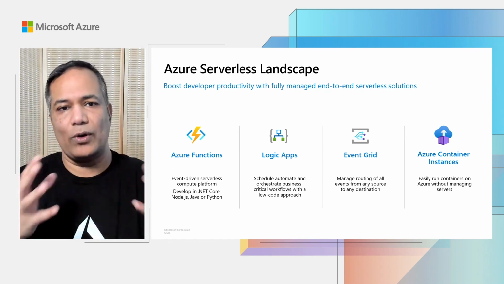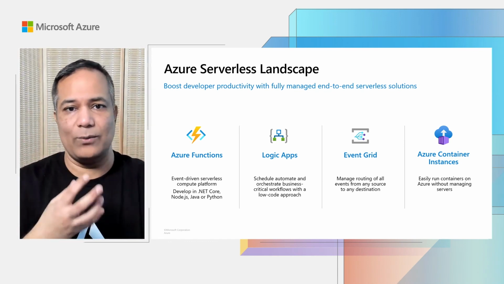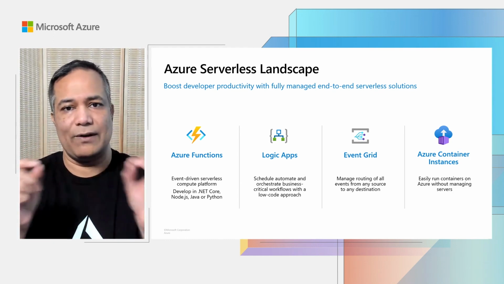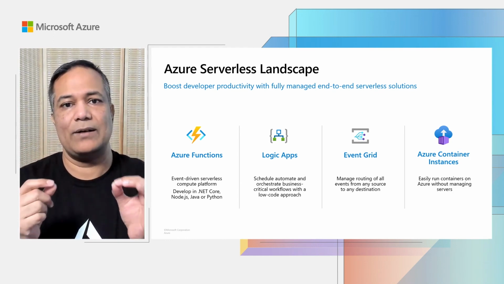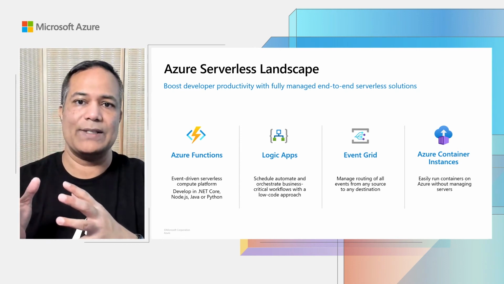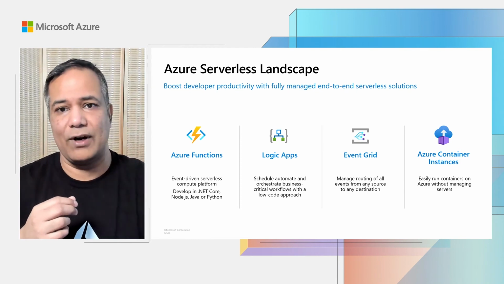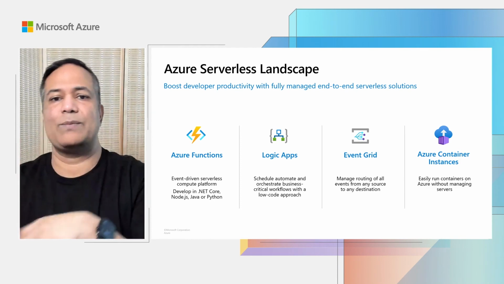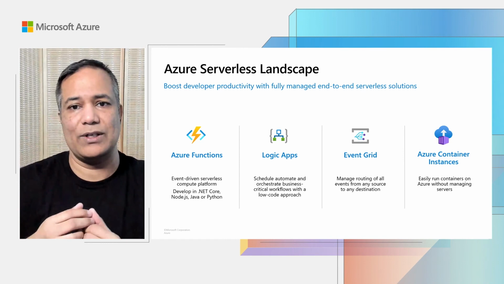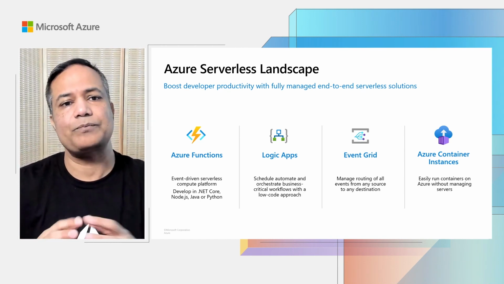Logic Apps give you an orchestration, low-code way of doing the same kinds of orchestration and workflows. Event Grid is a foundational service for serverless computing because it gives you the event routing capabilities. And if you need to do some more heavy lifting that the serverless environments don't allow, you can still spin up dynamic containers with Azure Container Instances, similar to what Vaibhava talked about earlier.